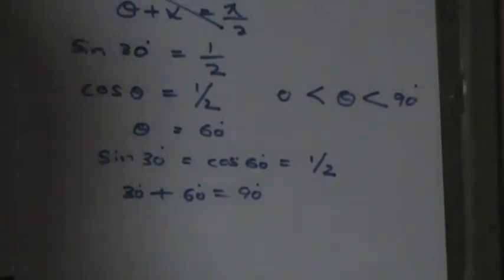If sine and cos are cofunctions, and as I mentioned before, they are called the basic trigonometric functions, then the other functions, which are derived from sine and cos, should also be cofunctions.